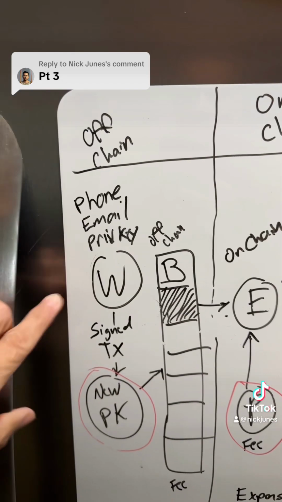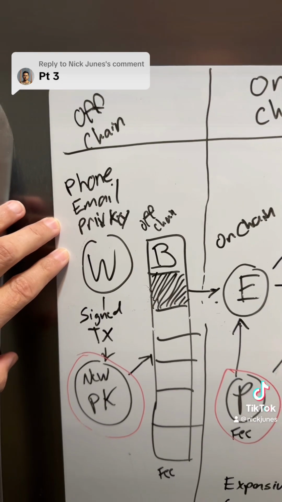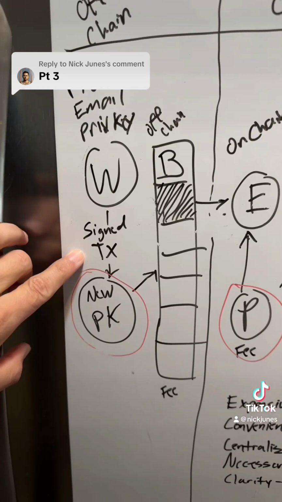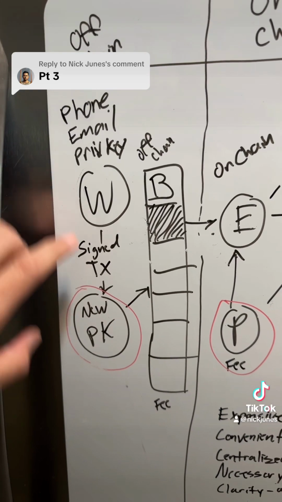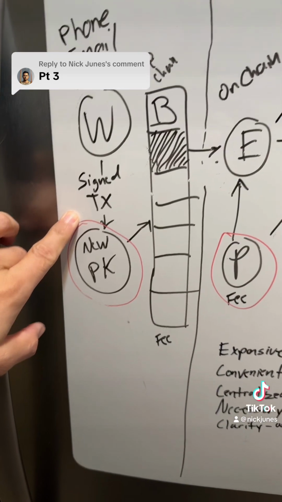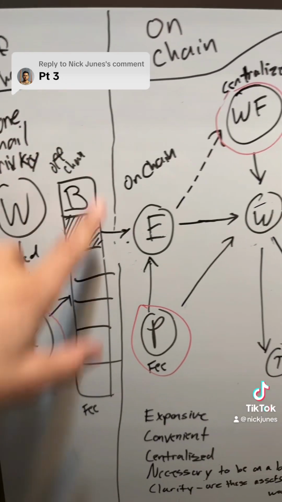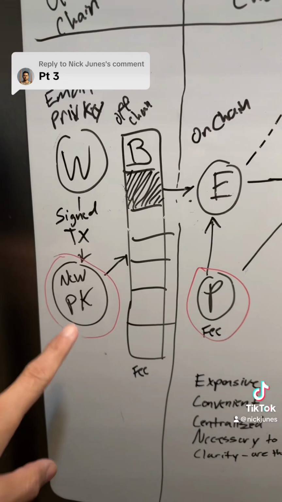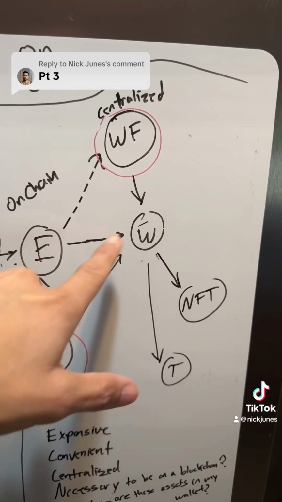But when you've been hearing that now you can create a wallet with an email or a phone number, what they're really talking about is just linking an email and phone number to a private key that's saved on one of these third-party companies, or you're linking an email and phone number to a private key that you've created that ultimately will sign transactions, and that has permissions to these abstract wallets that get created from the wallet factory.